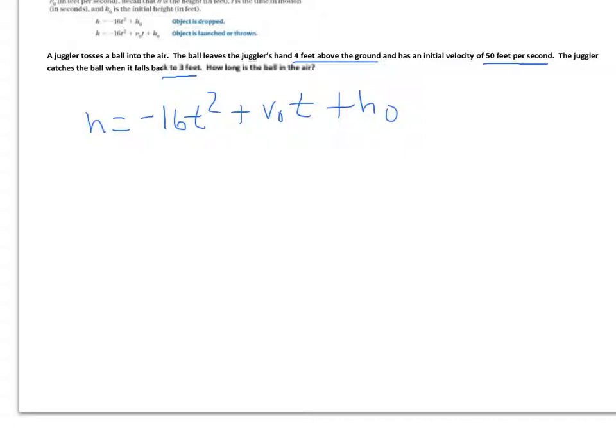So that's the initial height. So we know we have plus 4. And it has an initial velocity of 50 feet per second. So the initial velocity is 50. And we still have the negative 16t squared. And where did the height end at? 3 feet. So now before we solve anything, subtract the 3.